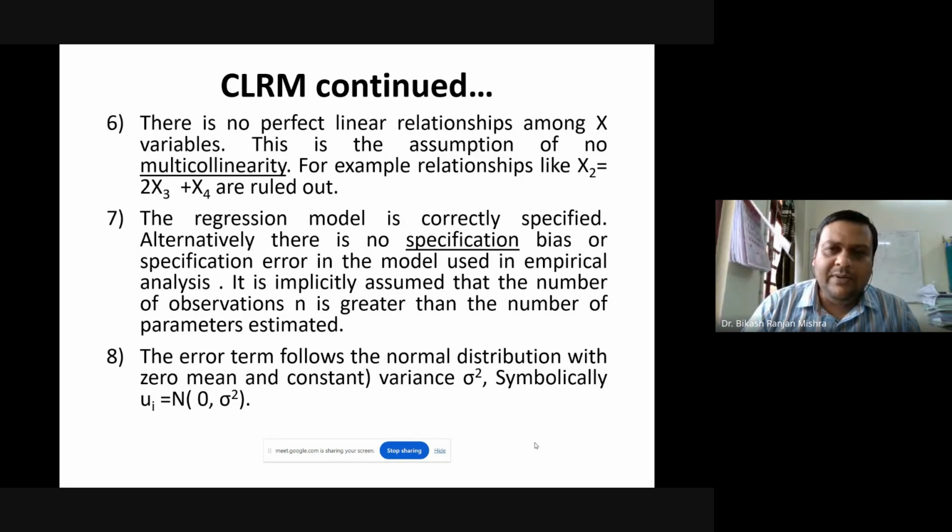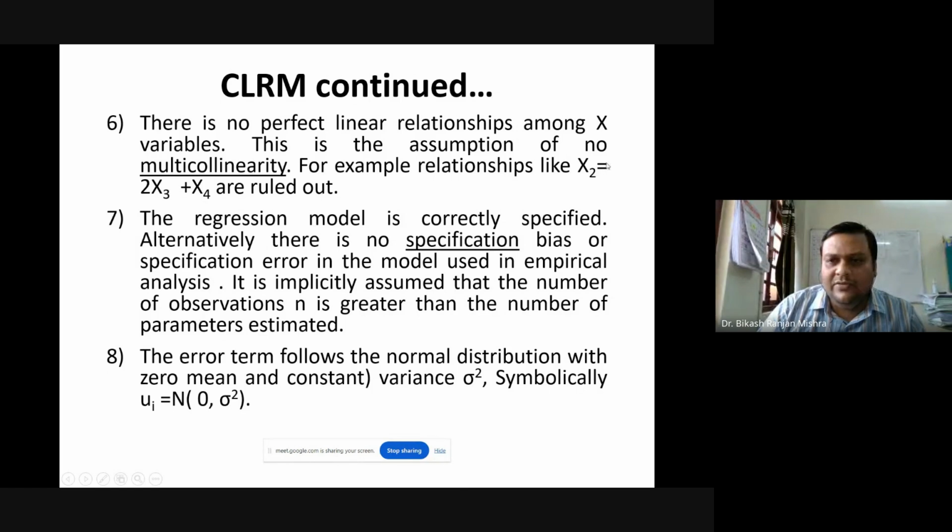But in the case of multiple right-hand side variables, when the x variables are many, maybe 2, 3, 4, basically a large number of independent variables, there is a possibility that any one independent variable may be interrelated with another variable, or multiple variables may be interrelated with each other.